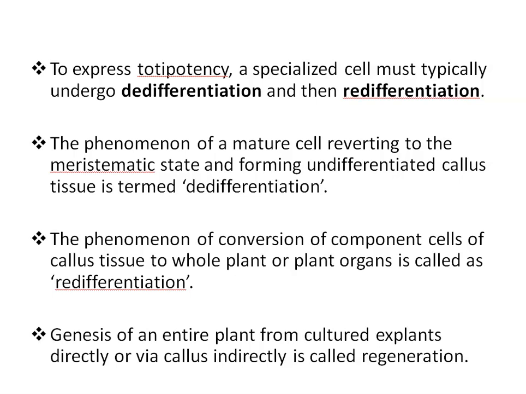The phenomenon of a mature cell reverting to the meristematic state and forming undifferentiated callus tissue is termed dedifferentiation, and the conversion of component cells of callus tissue to a whole plant or plant organs is called redifferentiation. The genesis of an entire plant from cultured explants, directly or via callus indirectly, is called regeneration.